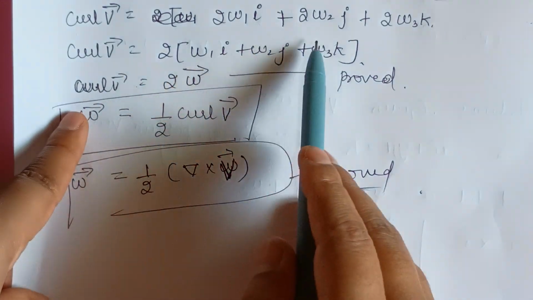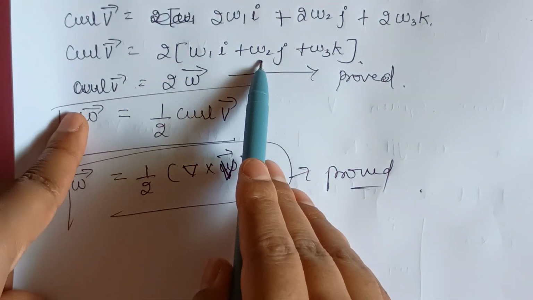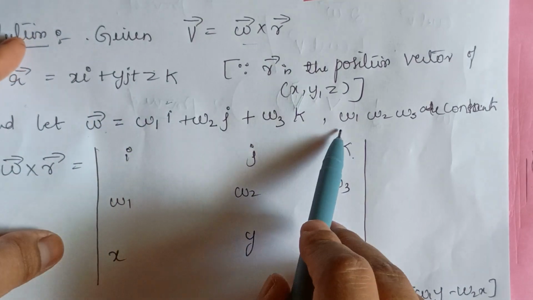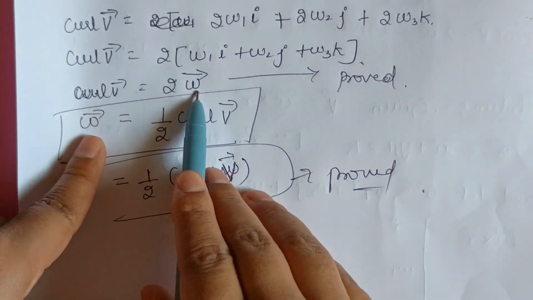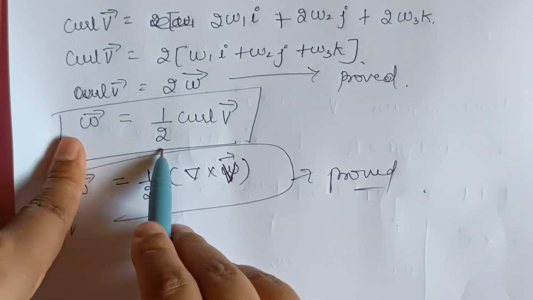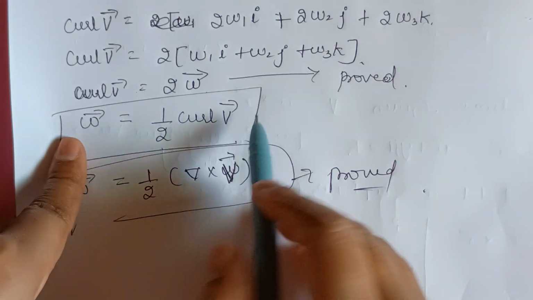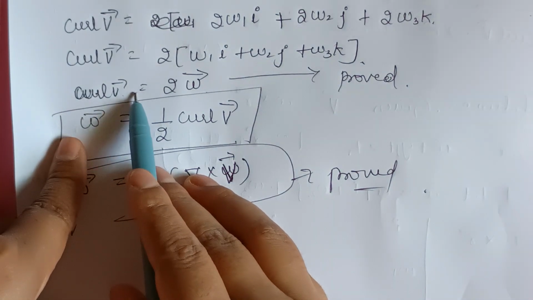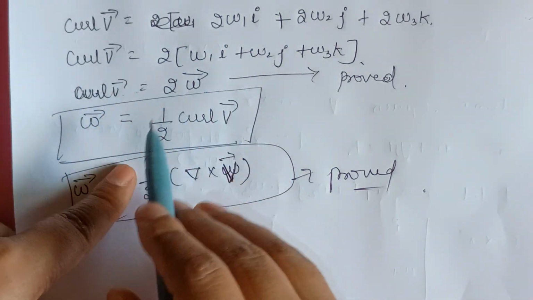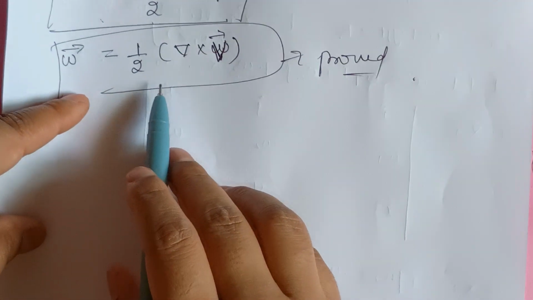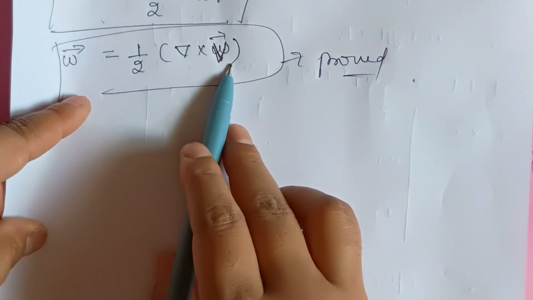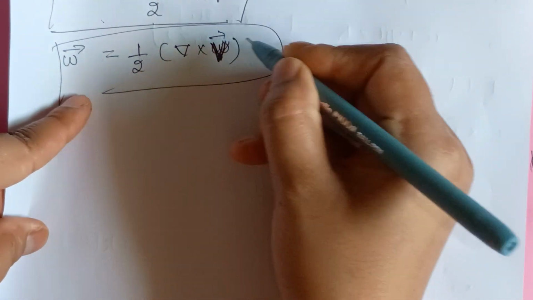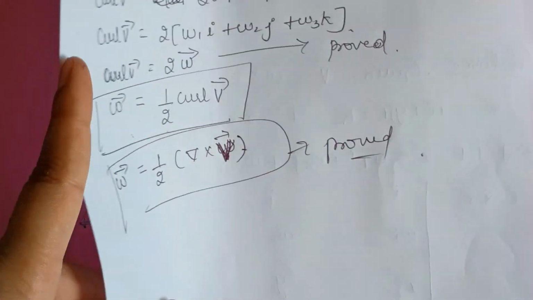When we simplify this, we get 2 times this vector, which is a constant vector, so I've replaced it with the vector w. So curl vector v is equal to 2 times vector w, or vector w is equal to 1/2 times del cross vector v. Hence proved.